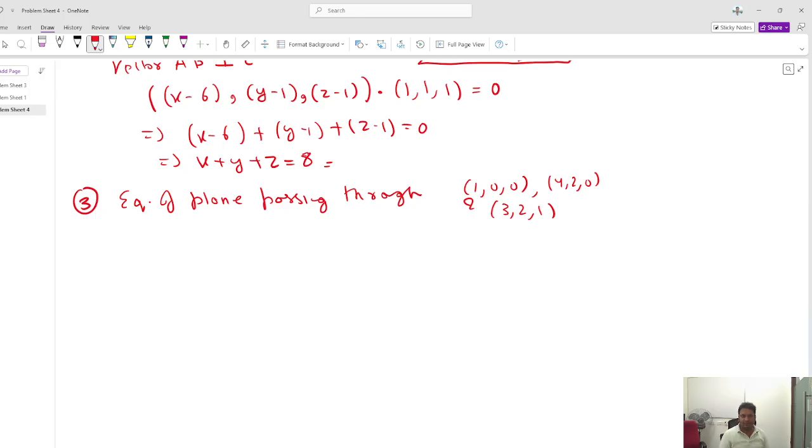Now guys, what you have to do? You can call this A, this B, and this C. You can have the equation of a plane if you have a vector orthogonal to it and a point lying on it. So can you find the orthogonal vector? Yes, you can.